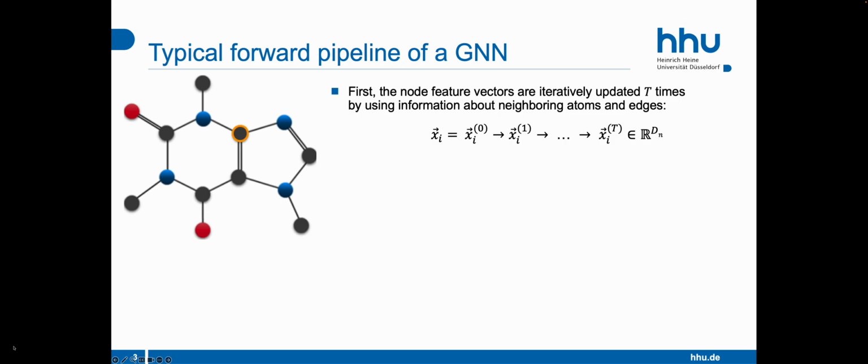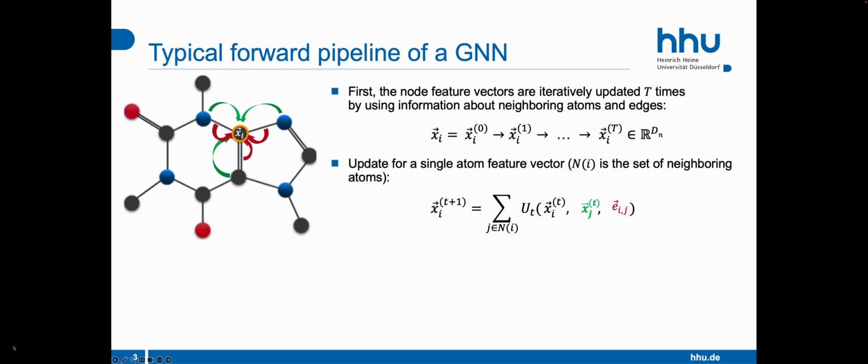If we look at a specific example for atom i, we update the feature vector x_i by using information about the neighboring bonds and the neighboring atoms. And in each update step, we do this for all atom feature vectors in parallel. We update the features using update functions u_t, which depend on learnable parameters. In a few slides, we will have a look at how those update functions can look like.